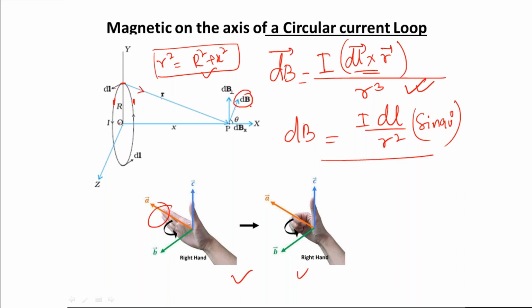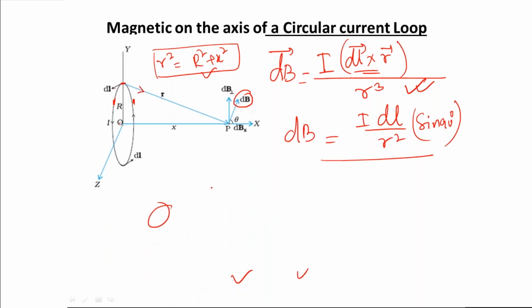You can demonstrate it by yourself. If you are not getting it, try again and again with this thumb rule, and you will get the direction of the magnetic field as this one.